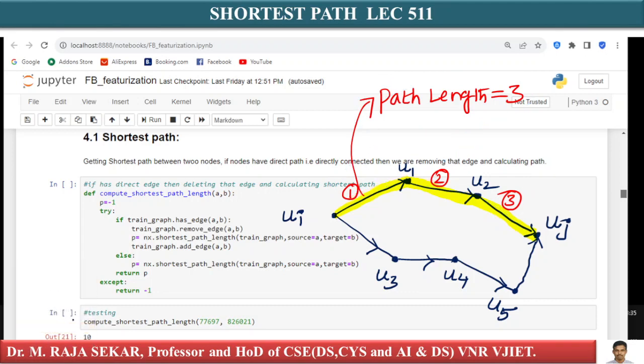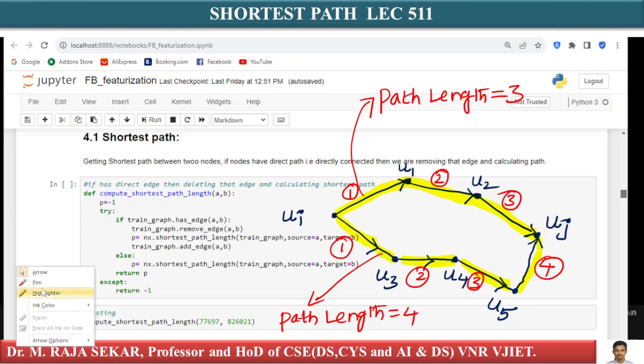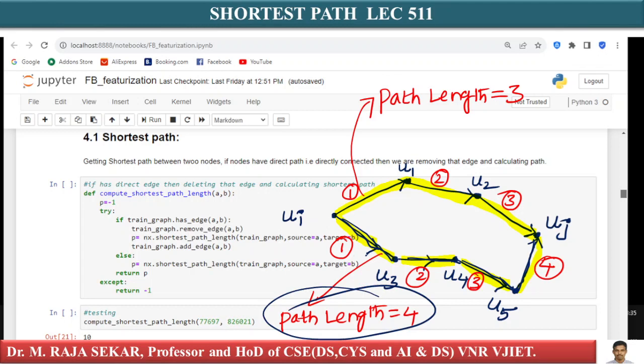In a similar manner, there is one more possibility. Along this particular path, how many edges are there? This is the first edge, second edge, third edge and fourth edge. Therefore, along this path we have 4 edges, so the path length is equal to 4.